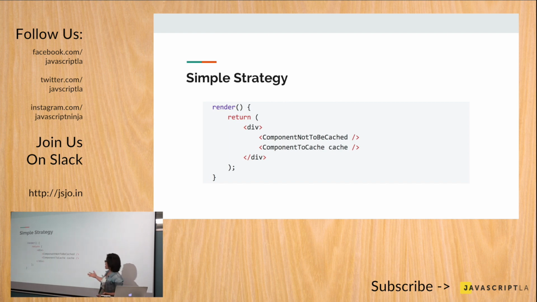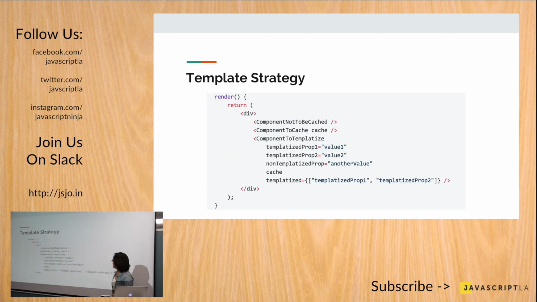So what this looks like in practice in our library is that we simply gave the user of our library the option of attaching a cache property to a component that we want to cache. It's just a slight bit more complex with the template strategy. You have the option of not only attaching the cache prop, but also adding the templatized prop.